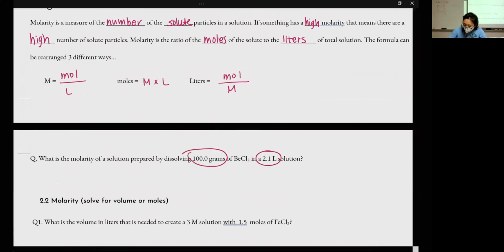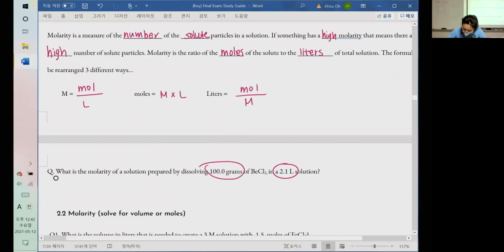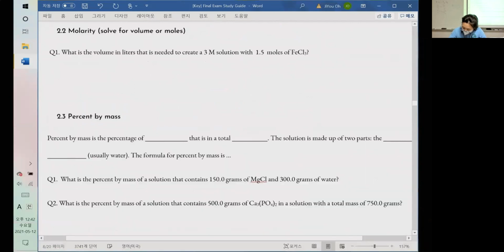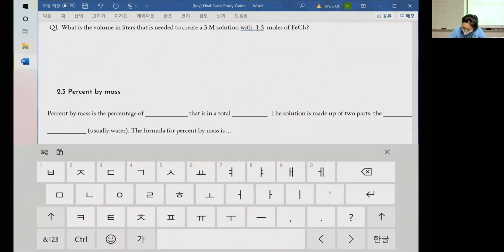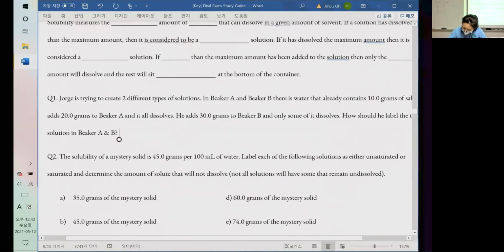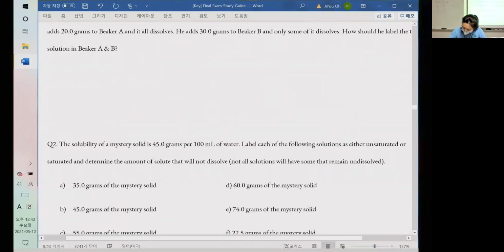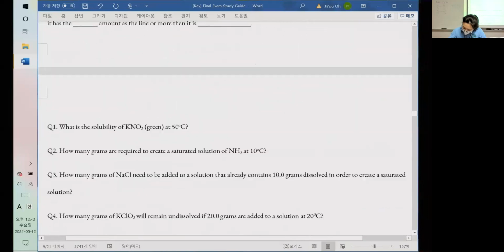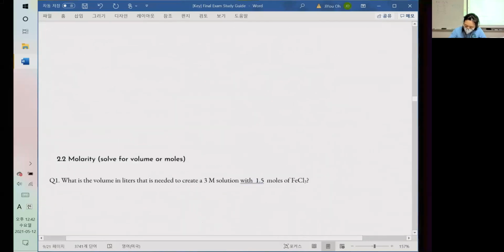So that's something that we need to write. We need some space.